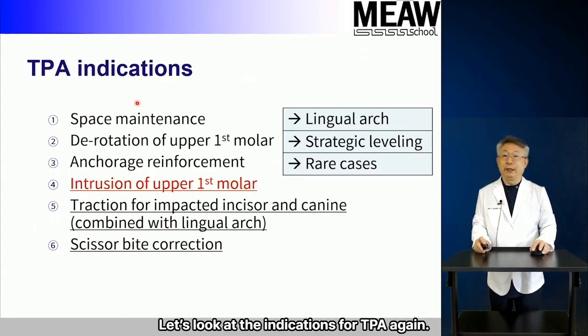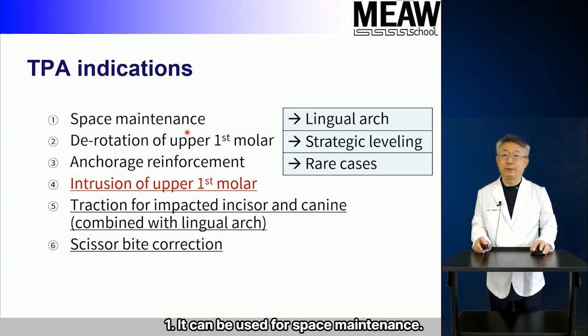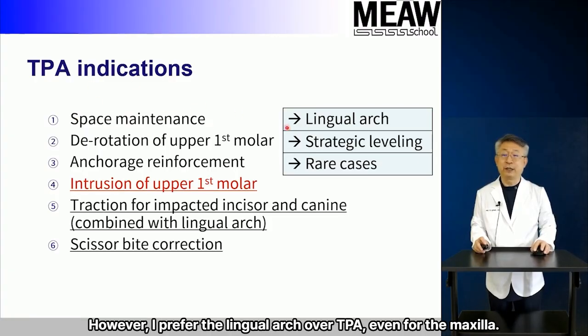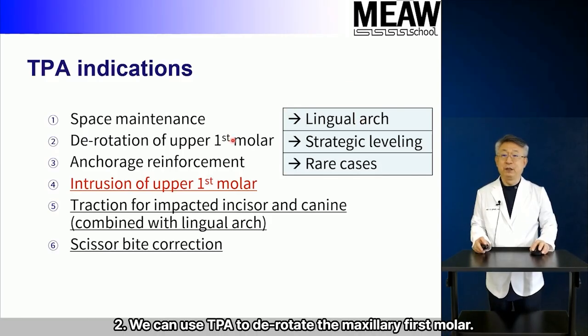Let's look at the indications for TPA again. 1. It can be used for space maintenance. However, I prefer the lingual arch over TPA, even for the maxilla. 2. We can use TPA to derotate the maxillary first molar.